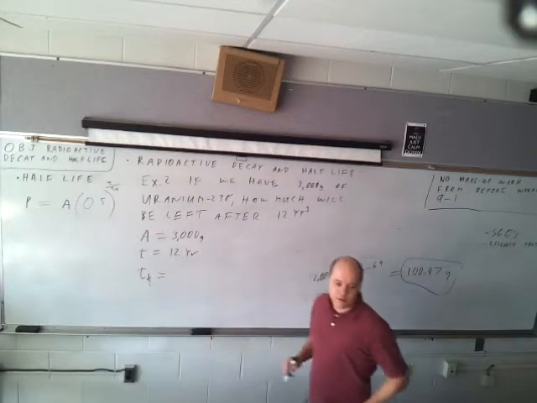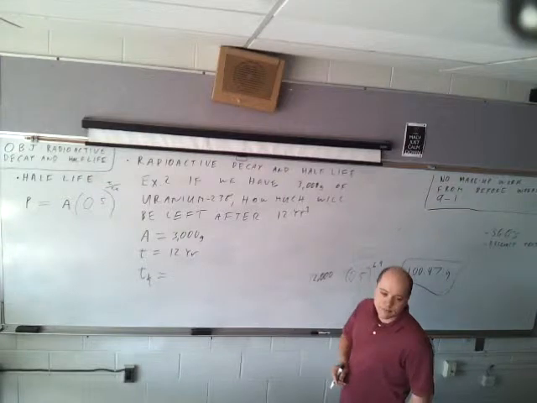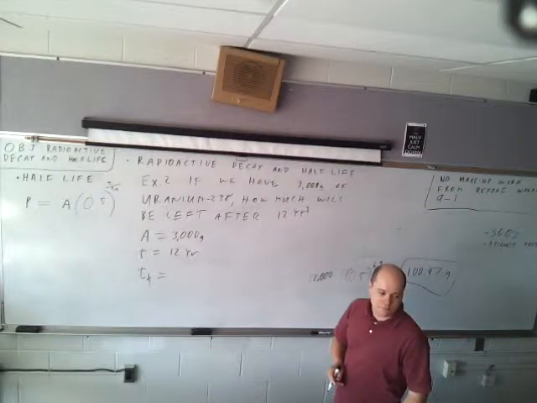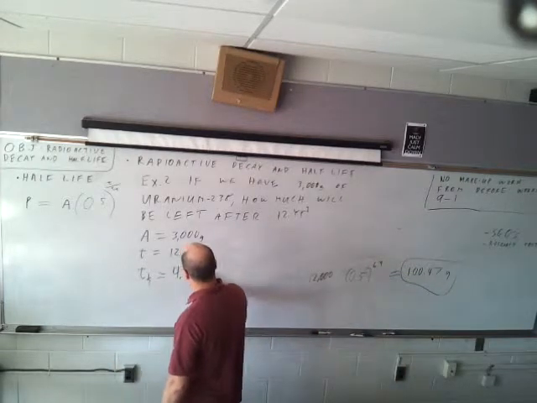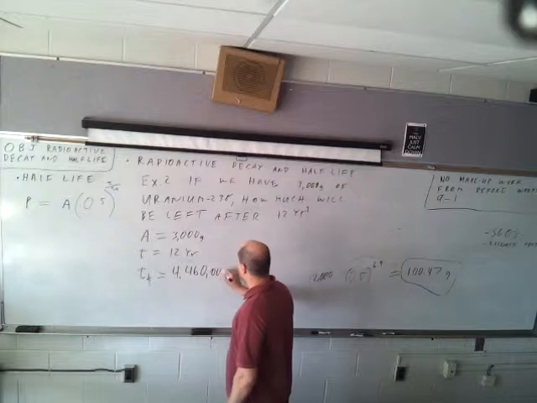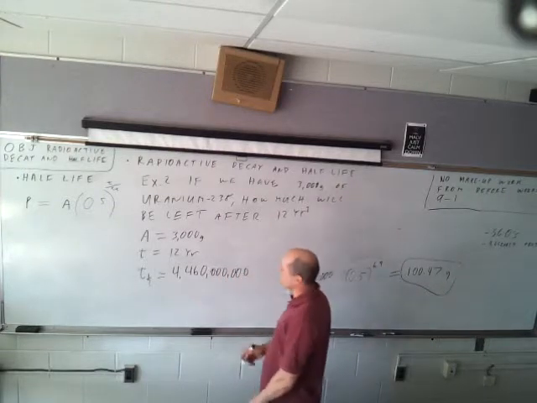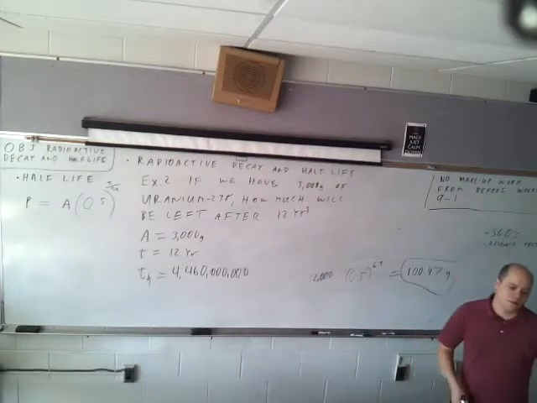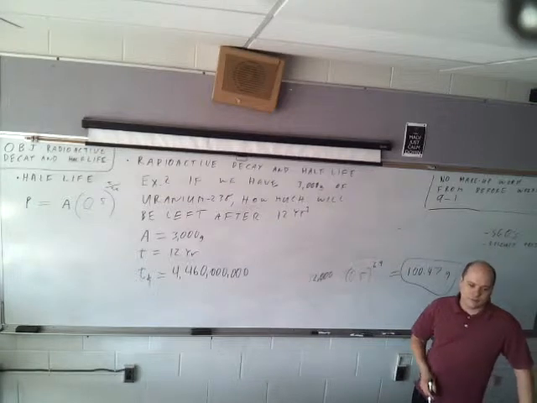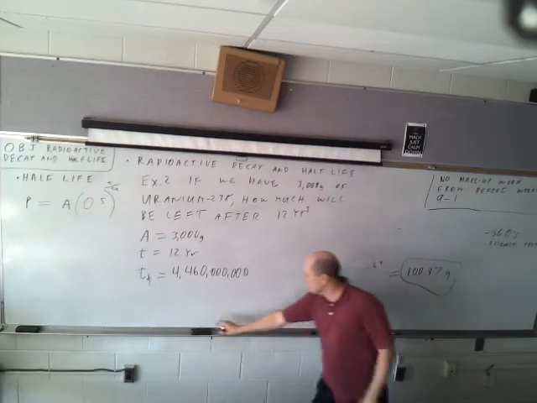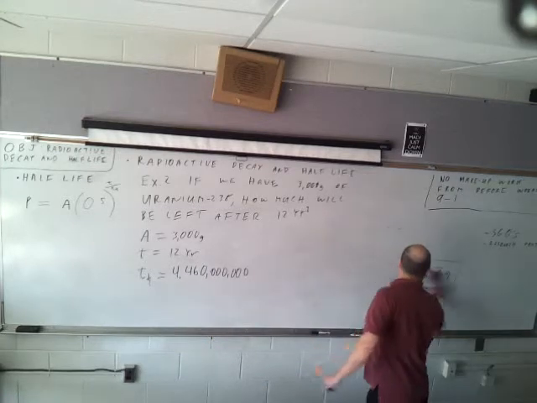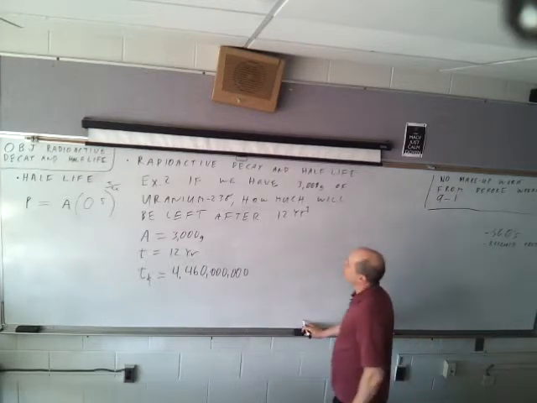Somebody who's good at math, tell me approximately what the answer is going to be. All right, don't plug it in. If you think about it, you can kind of guess about what we're going to get for our answer. Because if half this stuff decays in 4 billion years, how much is going to decay in 12 years? Almost nothing, right? Our answer is going to be pretty close to 3,000. We'll plug it in, though. So here's what we have.